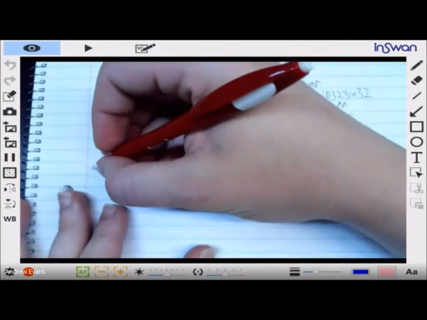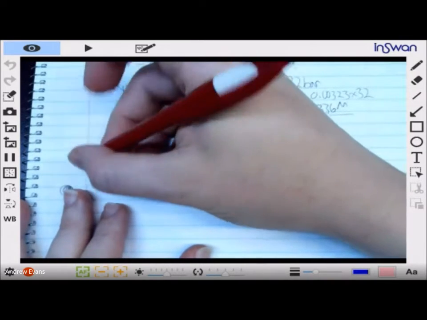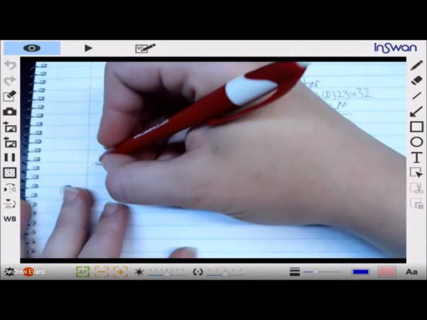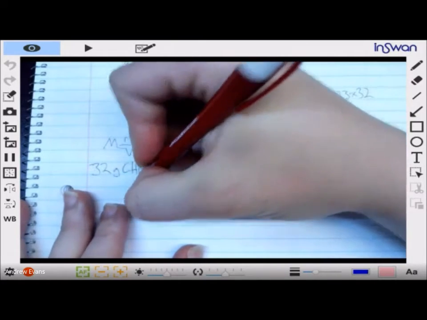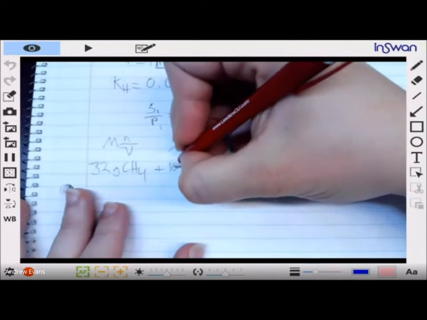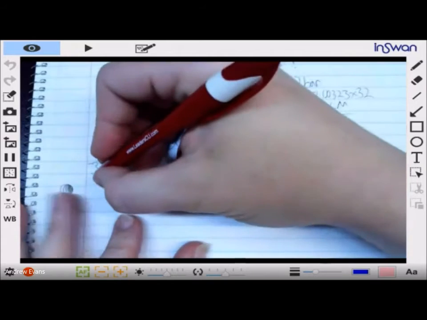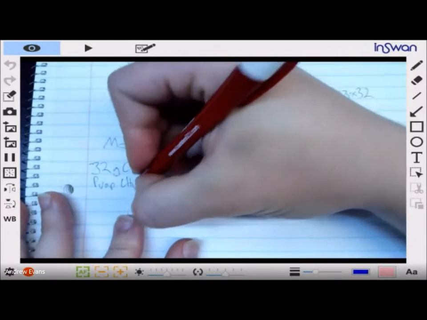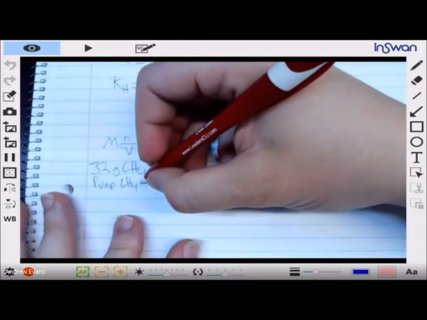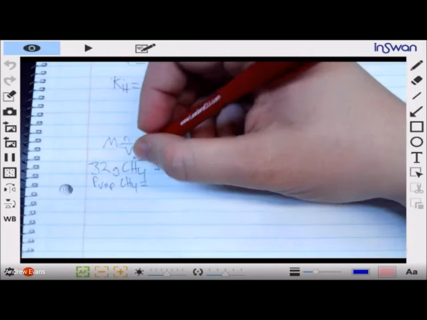So we'll say 32 grams of methane and 10 grams of ethane. What is the vapor pressure of methane? That's probably not a good choice because they're already gases.